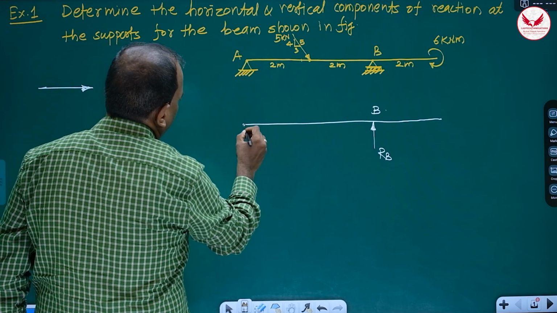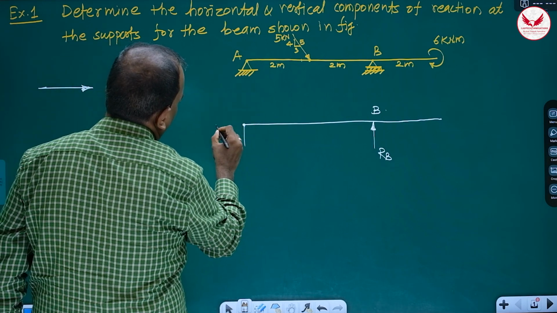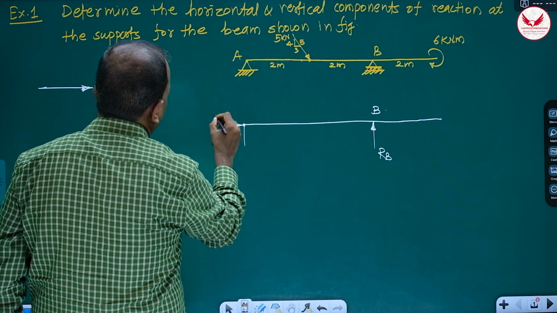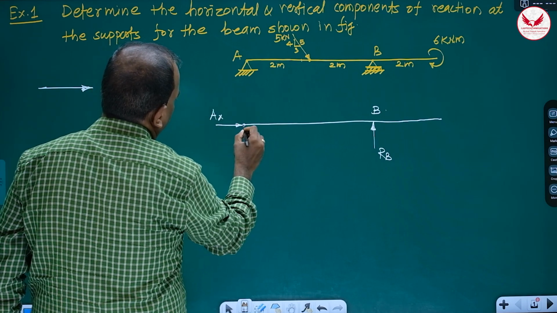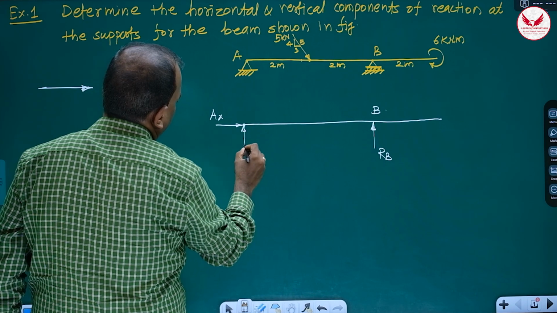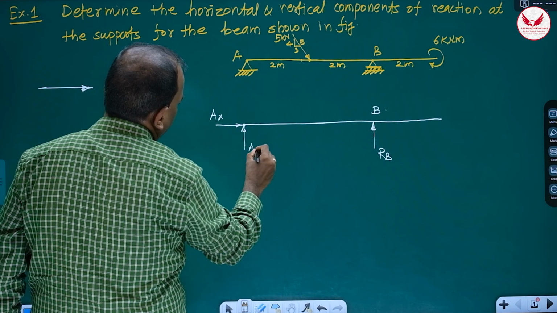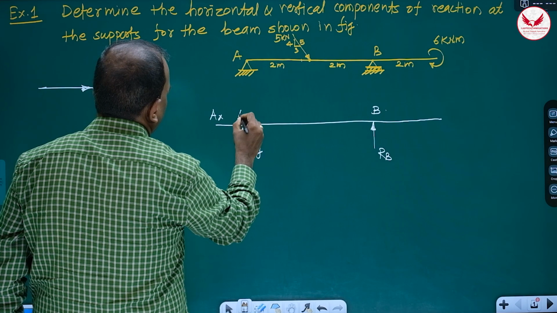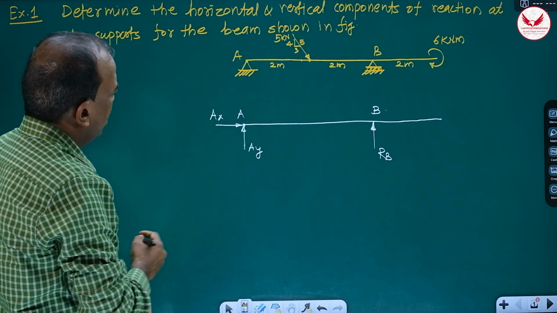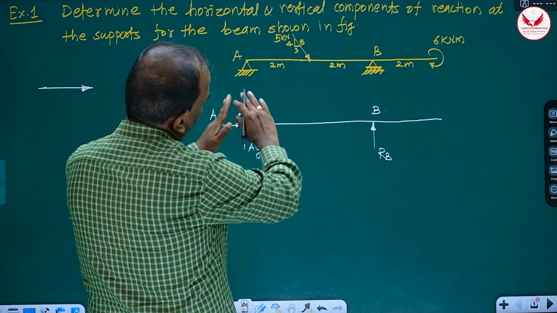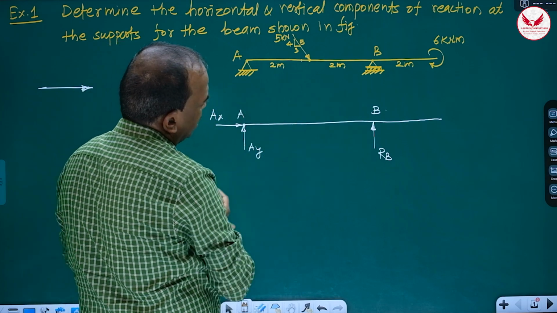Then at A, what will be there? There will be two components. Horizontal component we can treat as Ax, and vertical component we can treat as Ay. So this is A. And we have replaced the supports by the reactions.